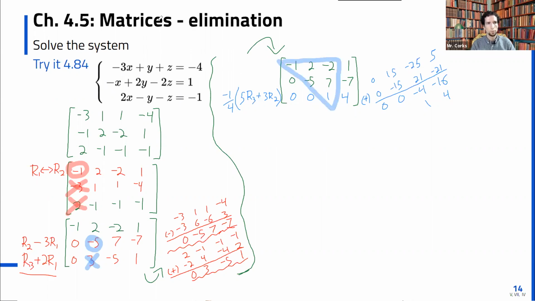What's our next goal? What's the next shape that we want?